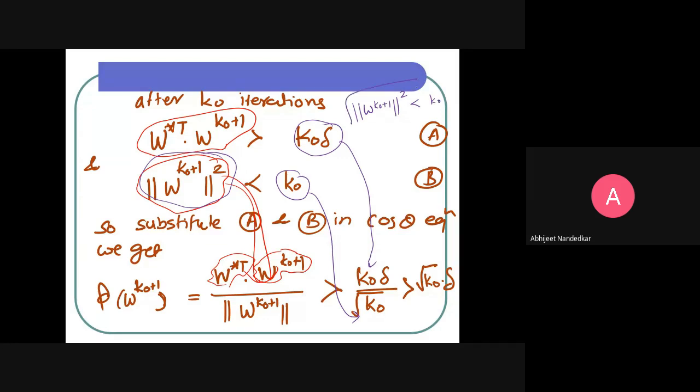So if I take the square root of this, then it will be the norm of wk0 plus 1 less than square root of k0. So when you substitute a and b and simplify these two things, this will be greater than square root of k0 into delta. Okay, so this is greater divided by smaller, so this will result into a greater.